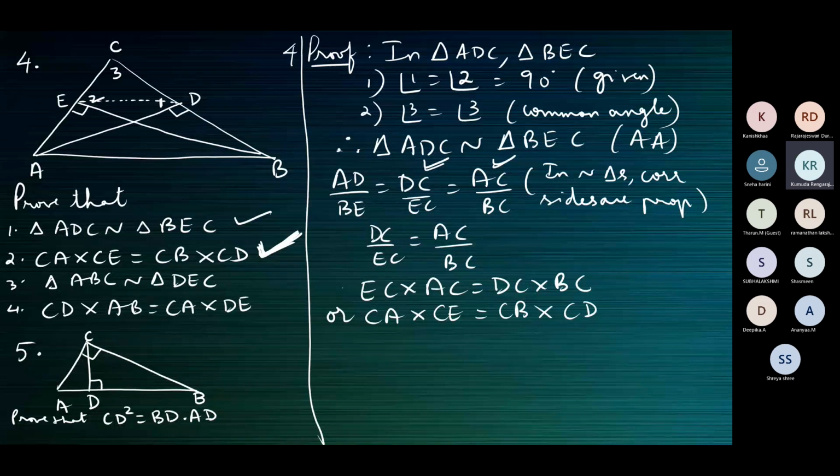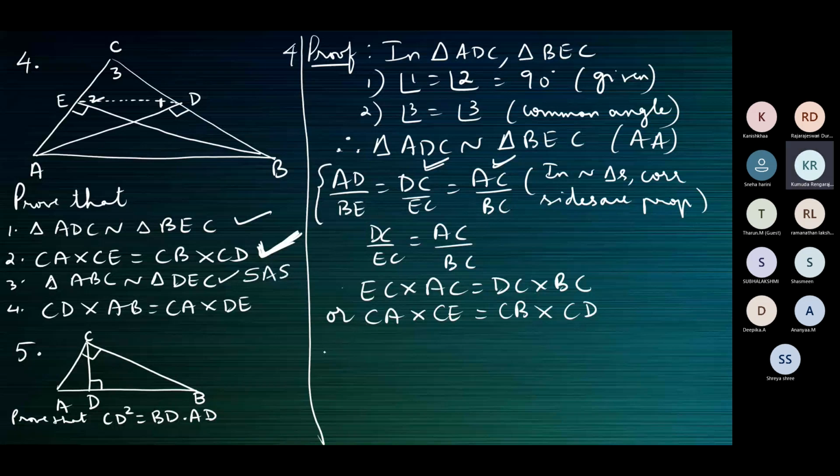Now the other comes from this proportion. So we're going to prove that these two triangles are similar by the SAS similarity criterion. So we're going to pick a suitable proportion from this one, that is, pick those two ratios from this result which form the sides of the two triangles DEC and ABC.